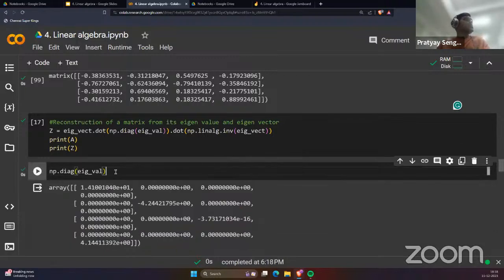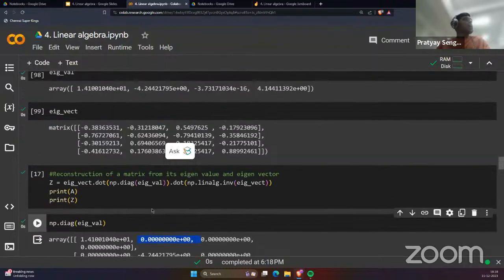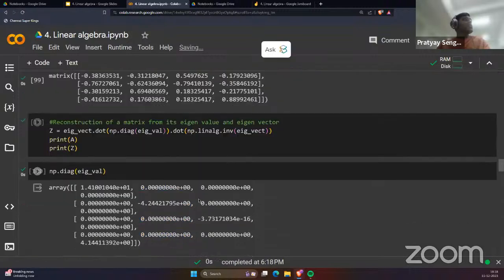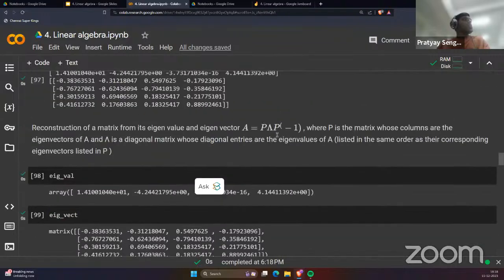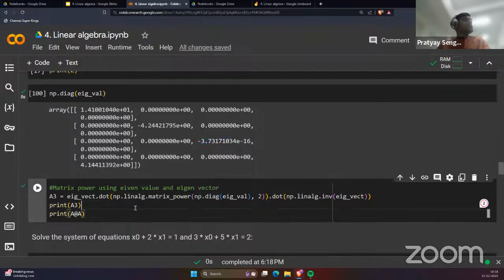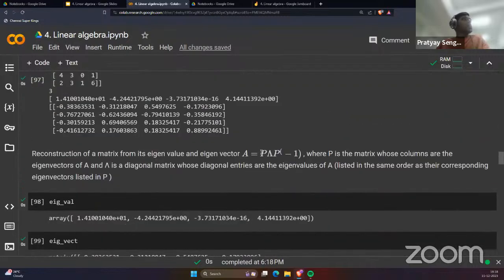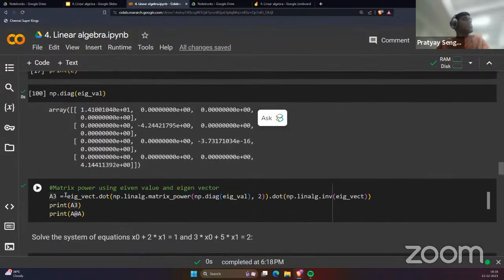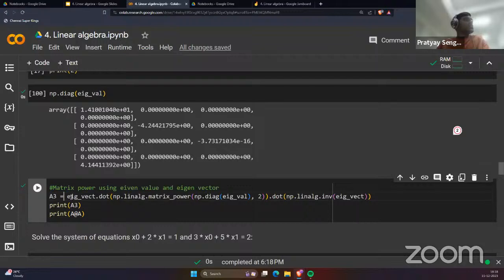So what is this? This has all zeros, but your eigenvalues are according to the diagonal 1, 2, 3, 4. So that is your lambda, right? So if you are doing a dot of P, lambda and then P inverse, that will give you this matrix A3.